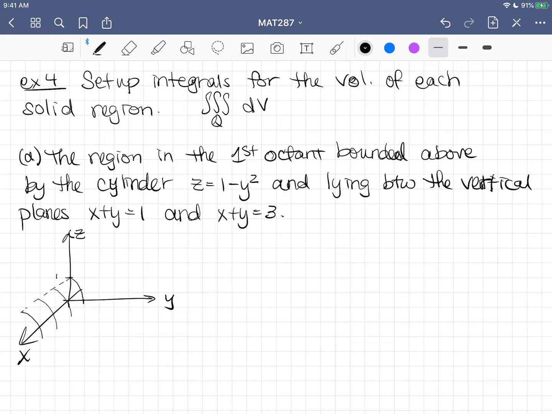All right, so x plus y equals 1 is going to, let's say here's x equals 1. It's going to be crossing something like this. And then x plus y equals 3. So here's 3. And it's going to have the same slope, something like this.